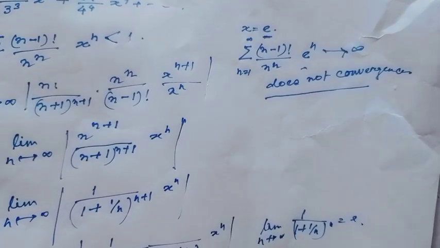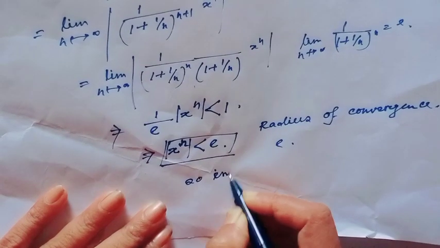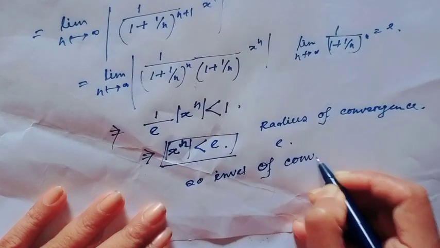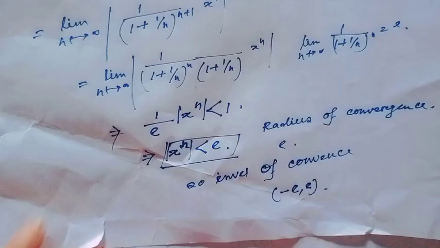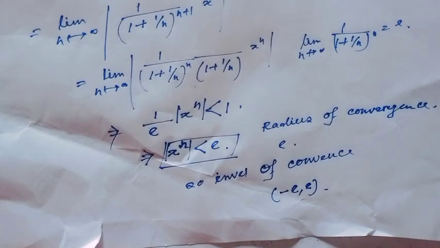Similarly for x equal to minus e, so the interval of convergence would be the open interval minus e to e. Therefore, to find the convergence of a power series, the endpoints do not matter. In the open interval, the series always converges, and outside the closed interval, the series always diverges.